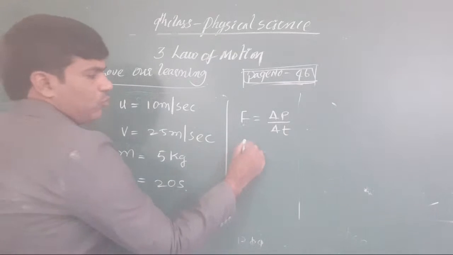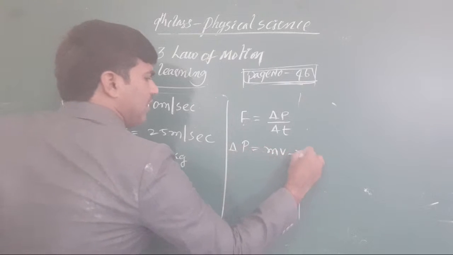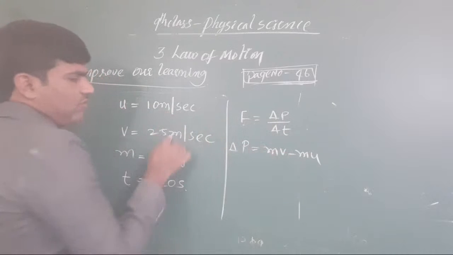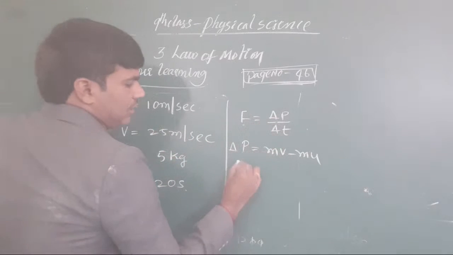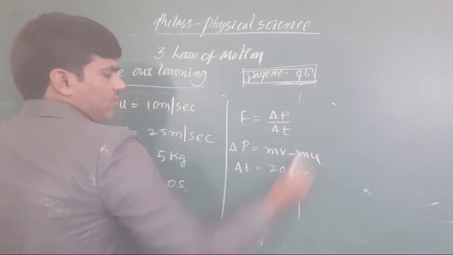Here the change of the momentum is written as mv minus mu. Substitute the other values, mv and mu and t. Here del T is how much? It is 20 seconds. Okay, now substitute here.